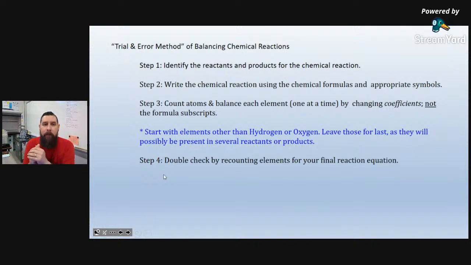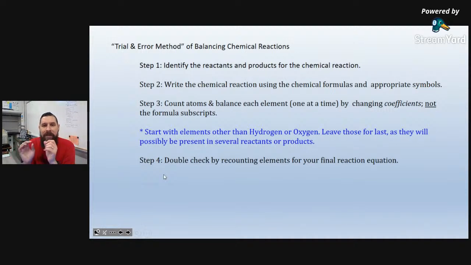Then step 3, where we now count the atoms and balance out those elements and those atoms, again, by changing coefficients, not changing the subscripts. And a nice little helpful hint for you. Always start with elements other than hydrogen and oxygen.